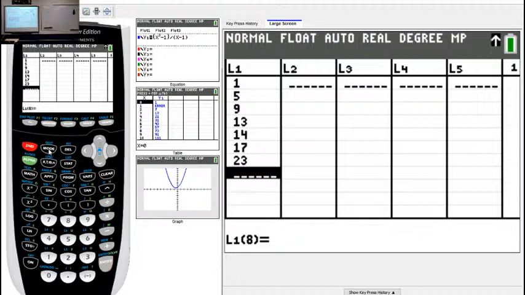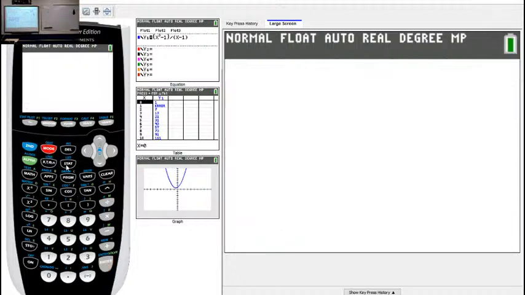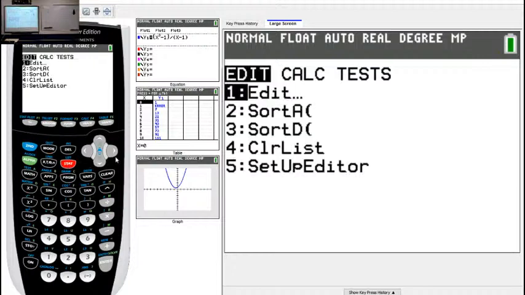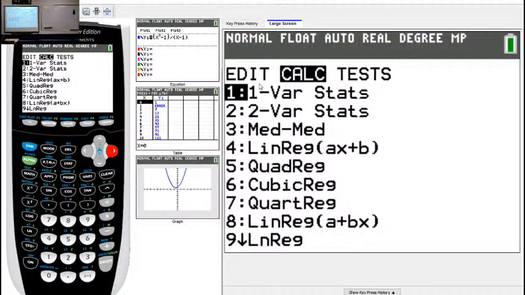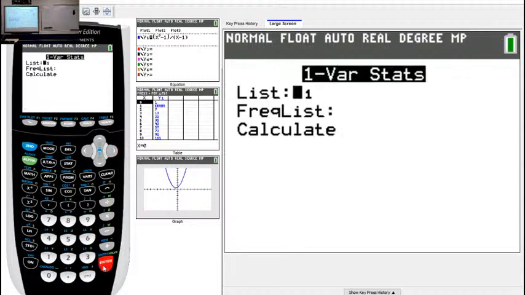So if you exit out of that, second quit, and then you go to Stat, and instead of Edit, you're going to go over to the right to Calc, to calculate, and there's a button here that says one variable stat. Hit it. It's asking me what list I want. Some of your calculators might not pop up this menu, but we just want list 1. Calculate, and it's about to tell us a bunch of things.